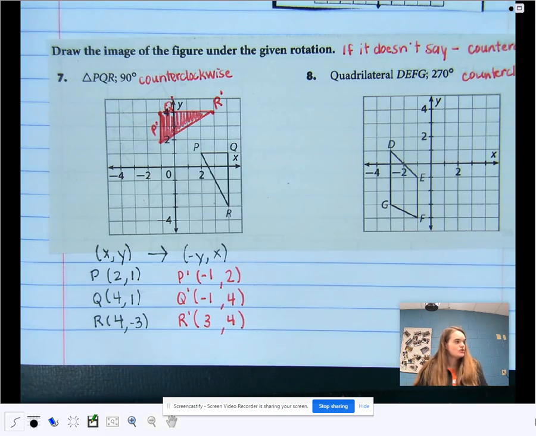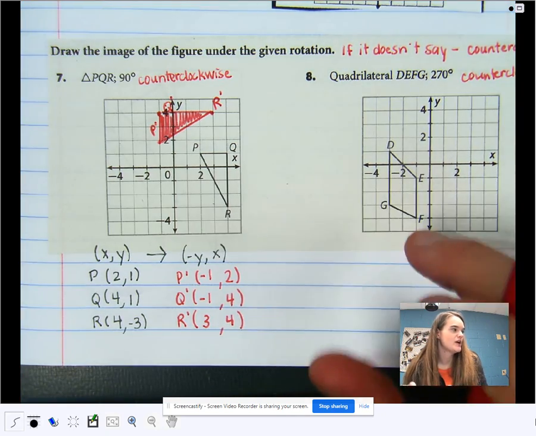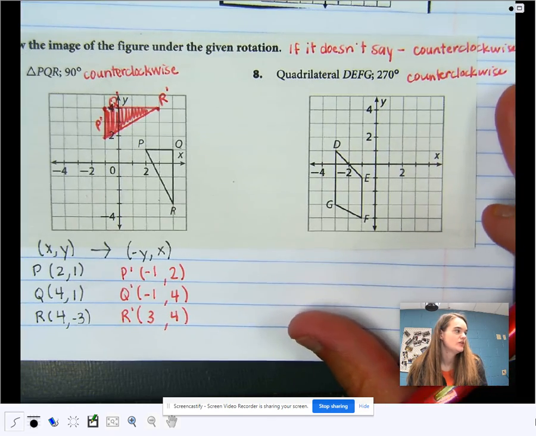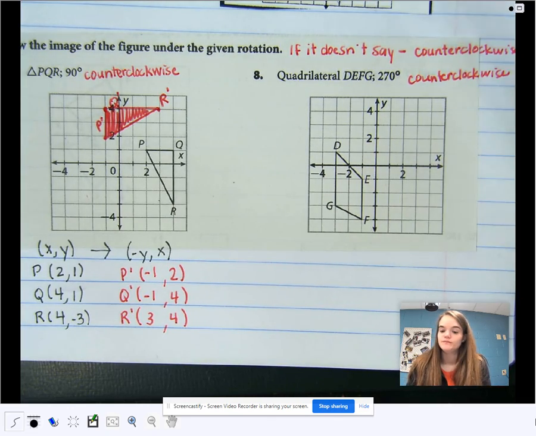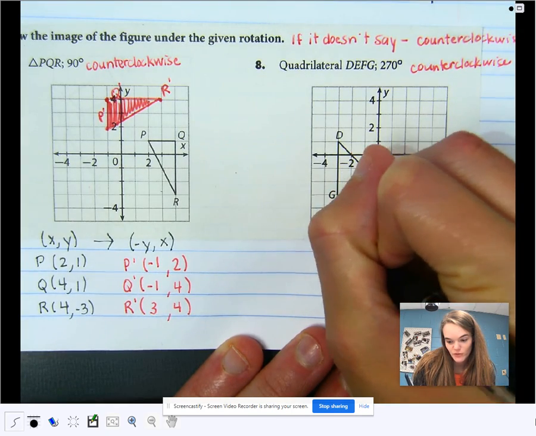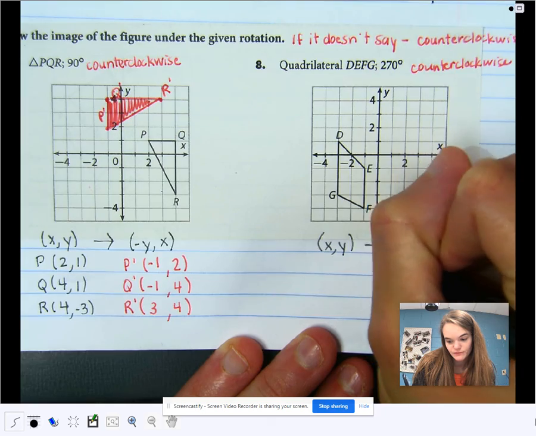Okay. I want you guys to pause the video and try number 8. 270 degrees counterclockwise. I'm going to use the rule. You've paused it and you've already done it now.